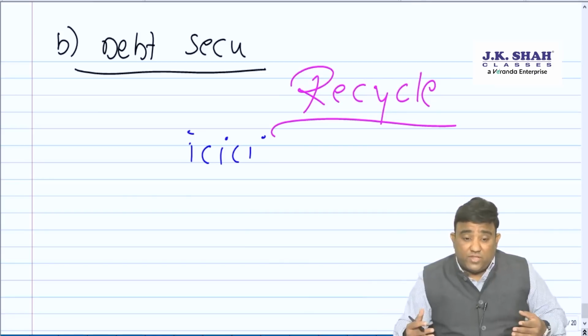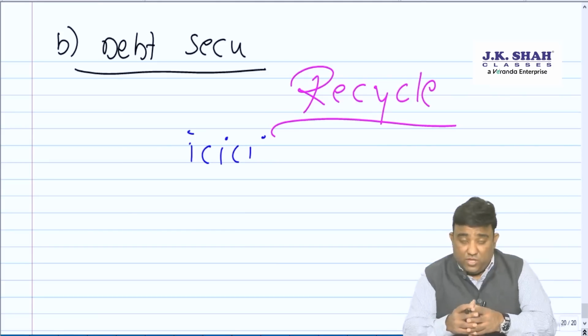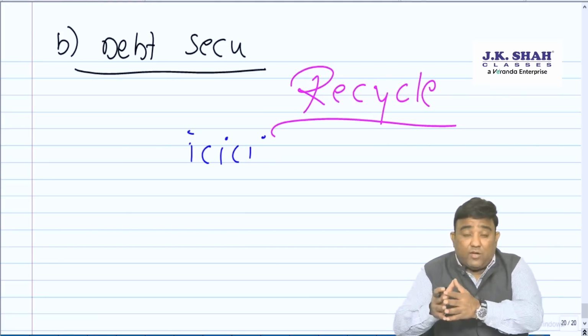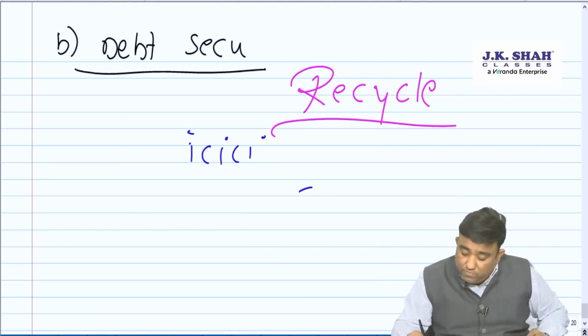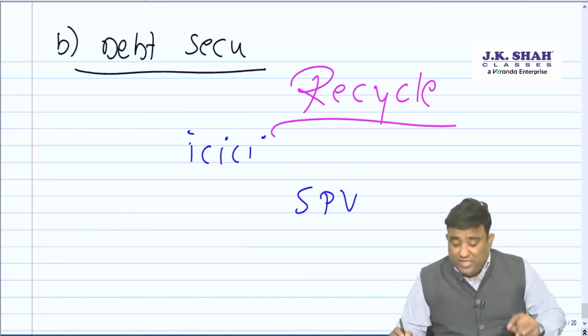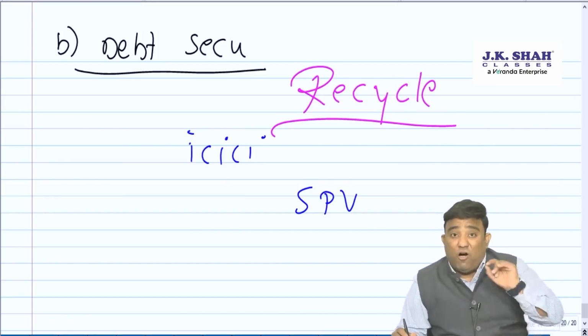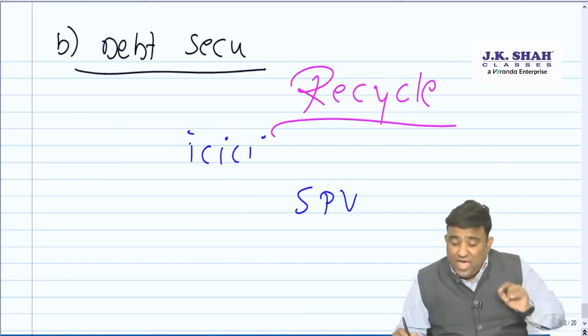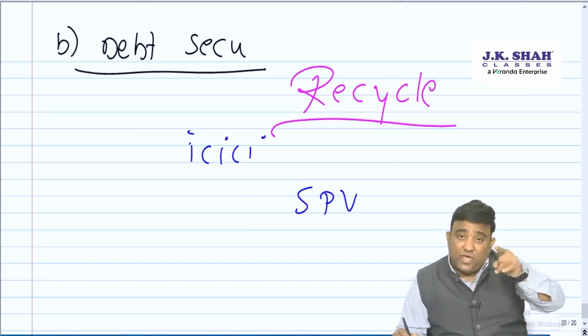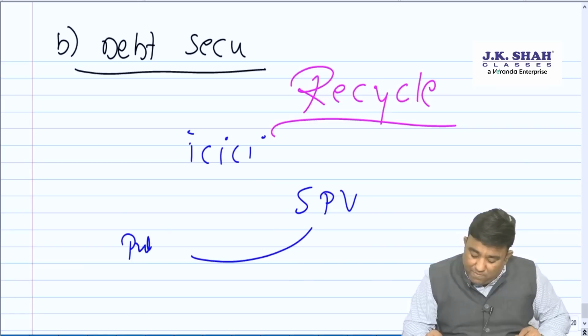So what they will do is create a bundle of the security of home loans. They will sell it to a mediator. Those mediators are nothing but a special purpose vehicle. They will purchase the security from ICICI as off balance sheet financing, and they will give the money to ICICI. But for that, the SPV will target the public.